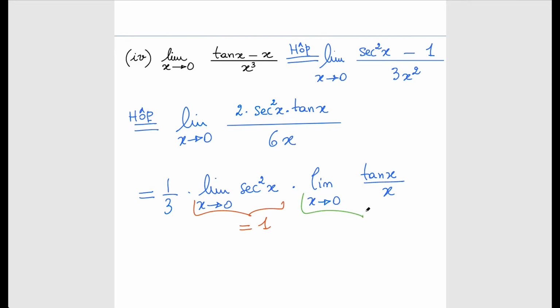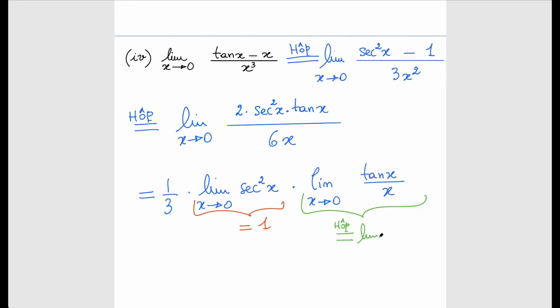Well, as x approaches 0, upstairs approaches 0, right? Tangent 0, 0. And downstairs approaches 0. So this is still an indeterminate form of type 0 over 0. So we can check that L'Hopital can still be applied here a third time in this context, right?